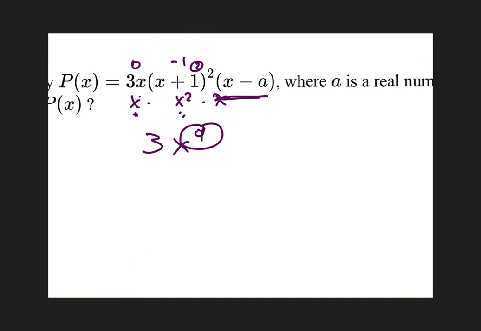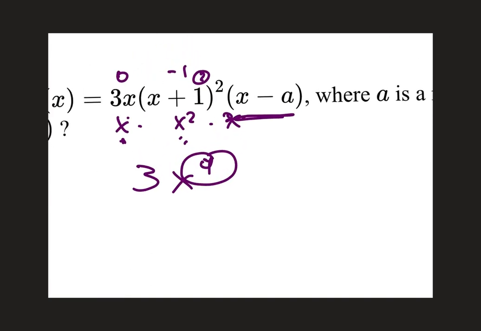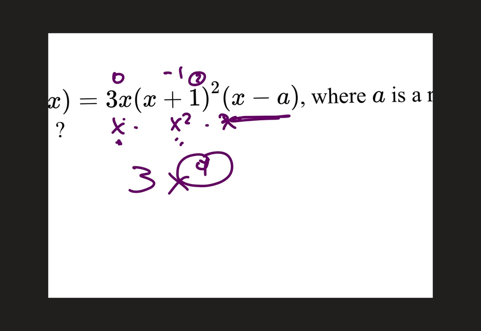Having known about end behavior, this is x to the first, and this is x to the second, because if I did x plus 1 times x plus 1, and then this is x to the first, this would have been x to the second times x to the first. So my exponent would be 4, which means it's even, yes?